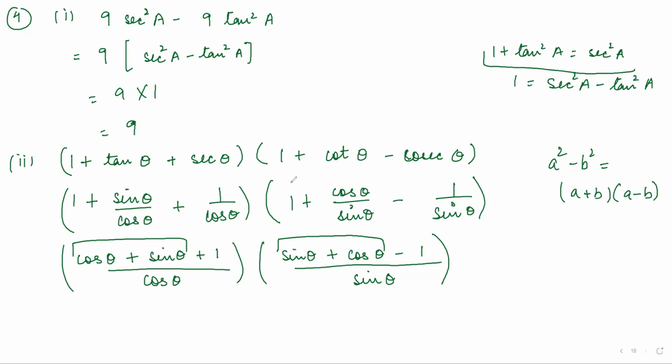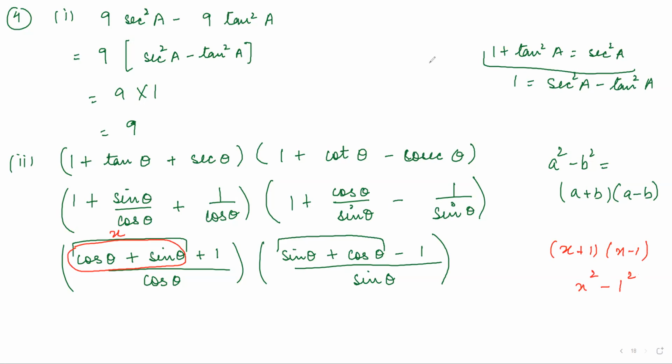Both are plus, right? Yeah, so I'm taking it combined. Let's say this is my x. So this is x plus 1 and this is x minus 1. So I should get x square minus 1 square, isn't it? Just think of it as some one thing.